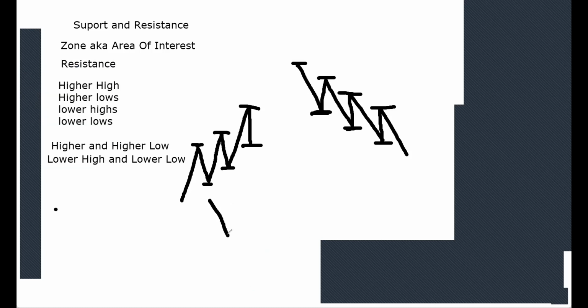It's going like this. Boom. It went up, down. It went up. It went down. It went up. It went down. It went up. Right? It's going down. Right here.